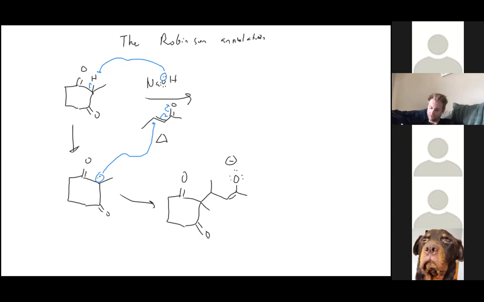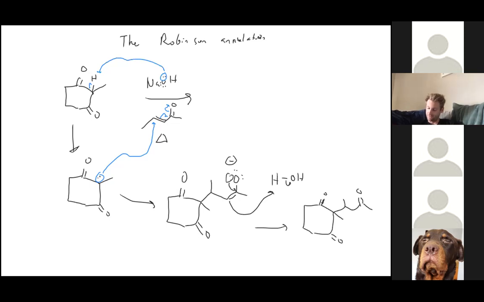Pick up that proton again. This is where things are going to get kind of interesting. We're set up at this point to do an aldol condensation.